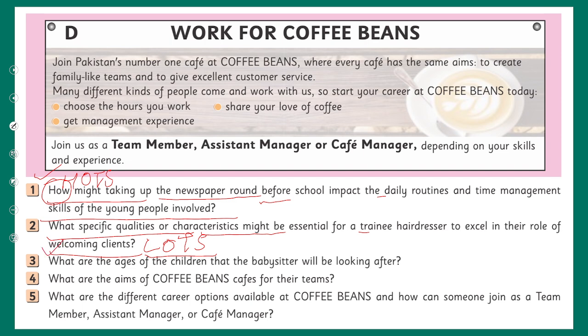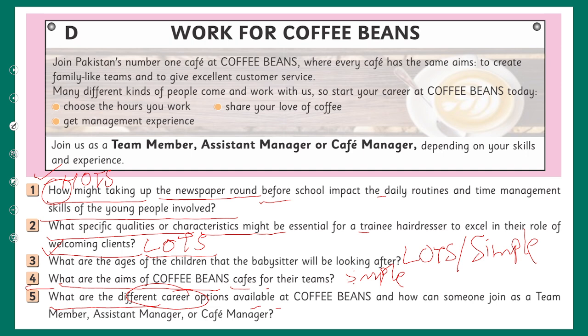Next, what are the ages of the children that the babysitter will be looking after? You can find the answer easily. This is a lower order thinking question or simple kind of question that you can find in the text. Next, what are the aims of Coffee Beans cafes for their teams? Simple question. And what are the different career options available at Coffee Beans, and how can someone join as a team member, assistant manager or cafe manager?